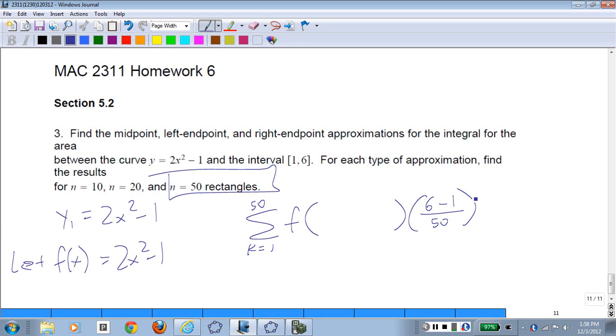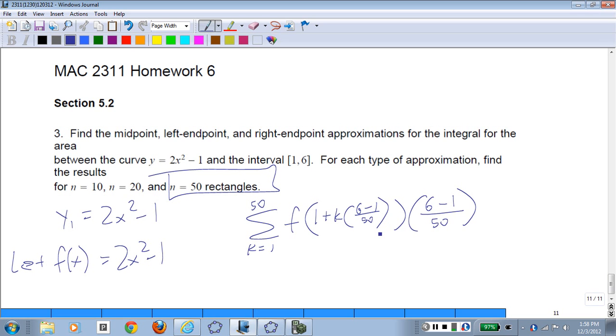And then each time you have to evaluate the function. Well, how does the calculator figure out what those values are where it has to be evaluated? It's going to start at 1 plus k times 6 minus 1 over 50.